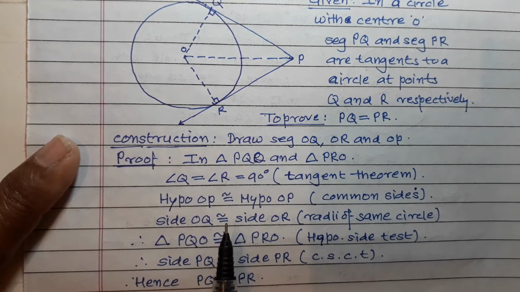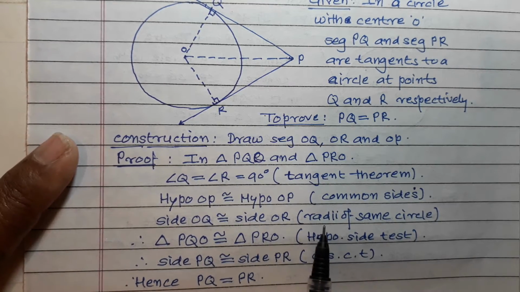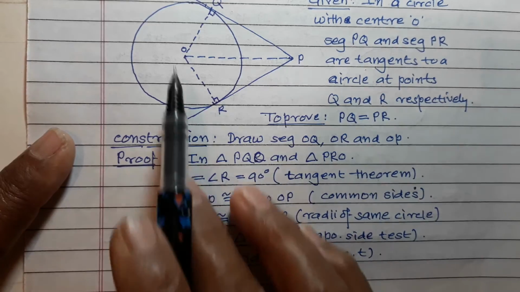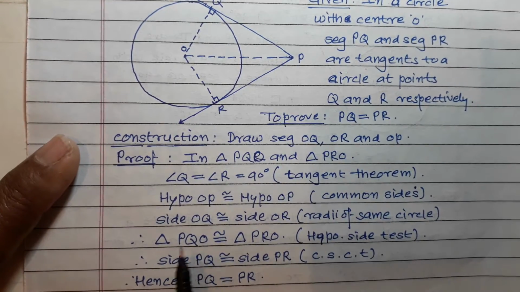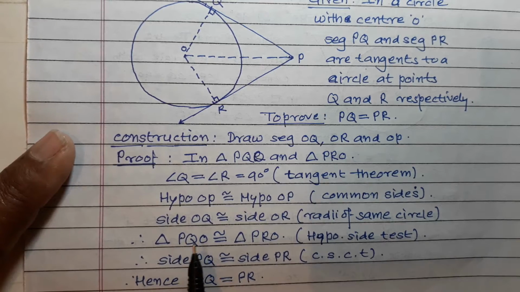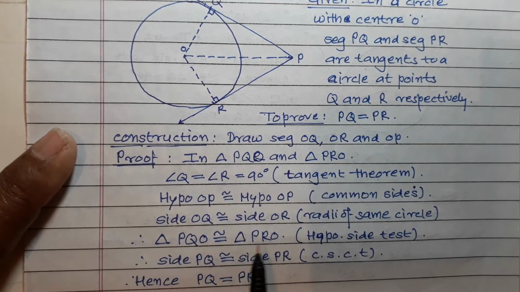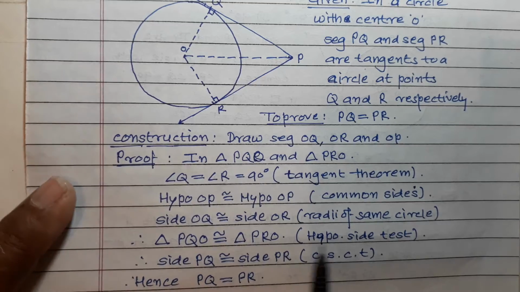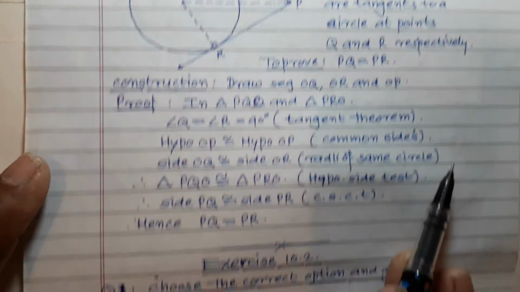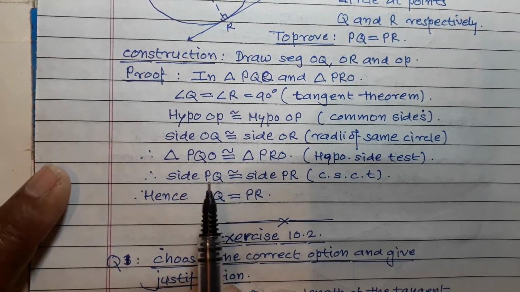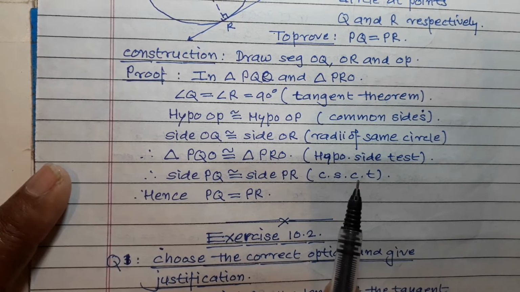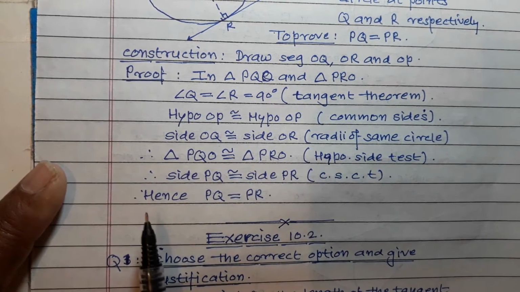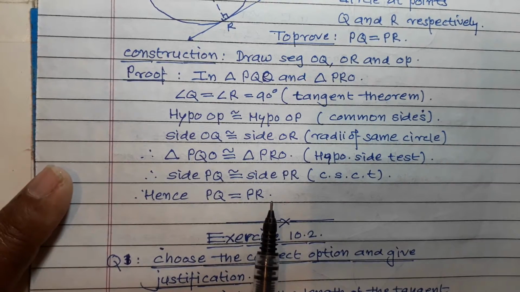Side OQ is congruent to side OR, radii of the same circle. Therefore triangle PQO is congruent to triangle PRO by the hypotenuse-side test, and therefore side PQ is congruent to side PR, corresponding sides of congruent triangles. Hence PQ is equal to PR.